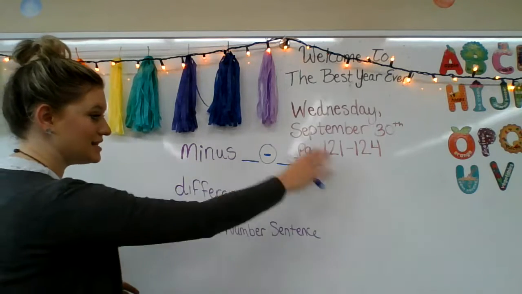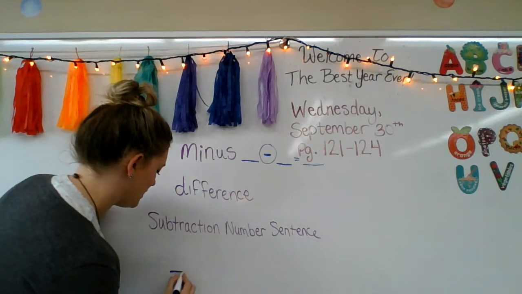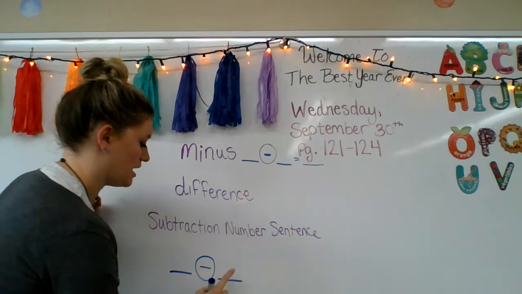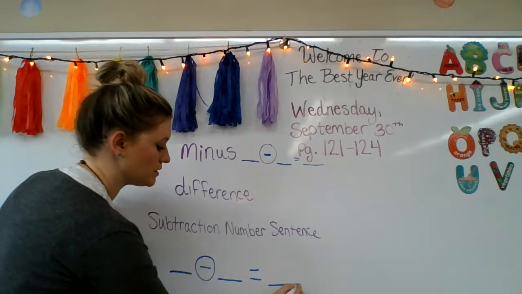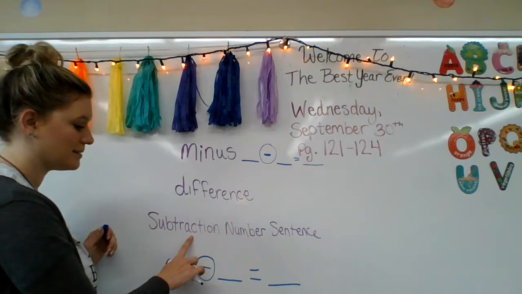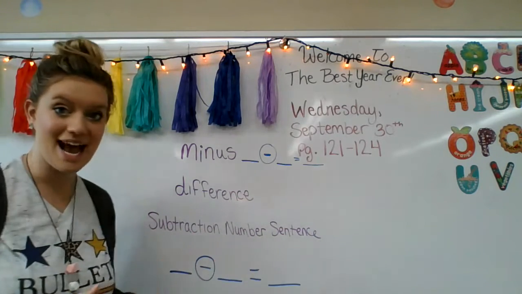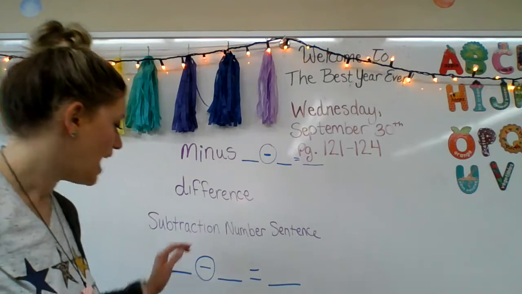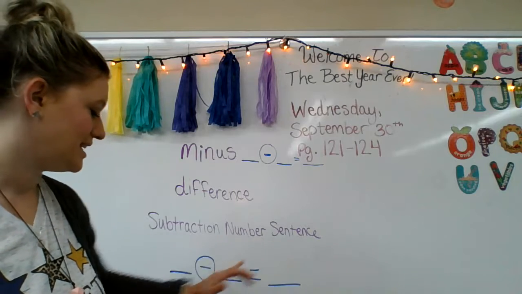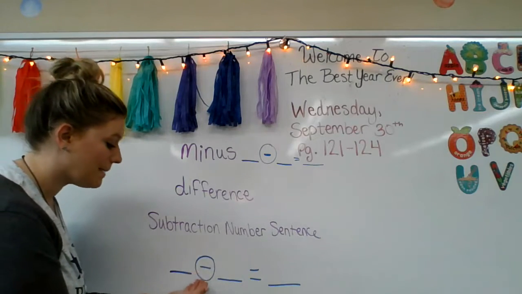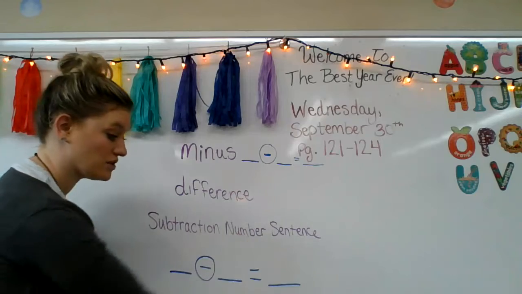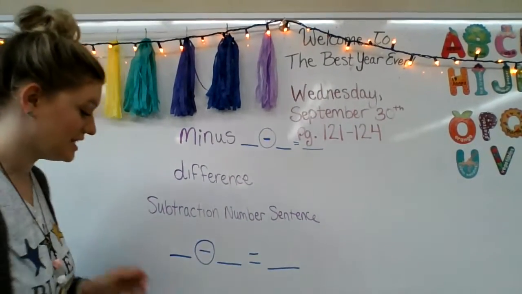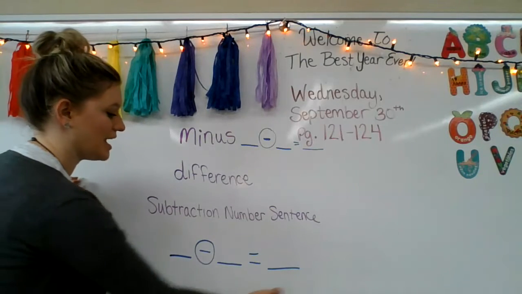Okay, and then when we have something minus another number equals whatever, that's called our subtraction number sentence. We had an addition number sentence when we did addition, when we added. Now we have a subtraction number sentence that shows this number minus this number equals that difference. So when we have a subtraction number sentence, it is our whole problem written out.